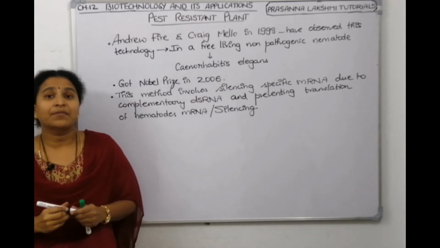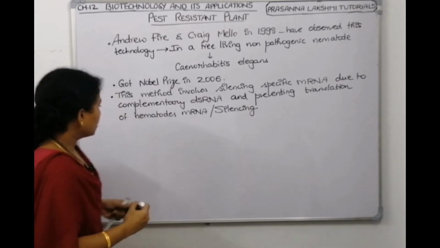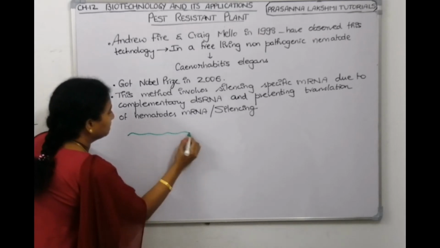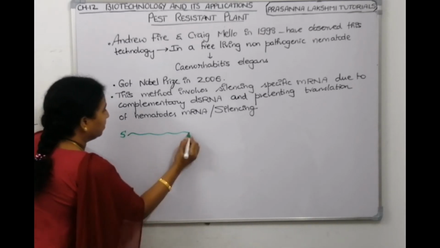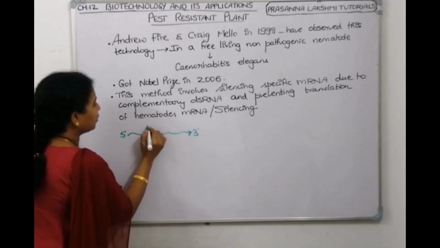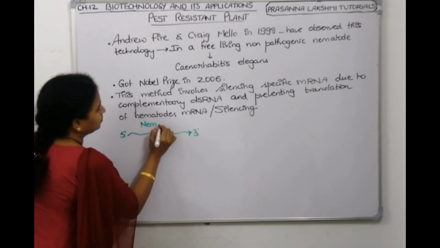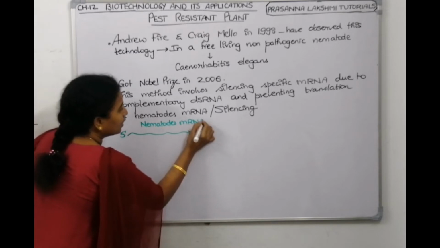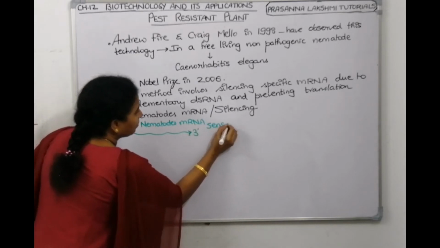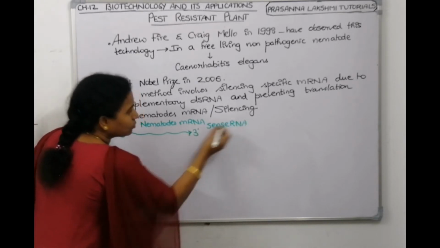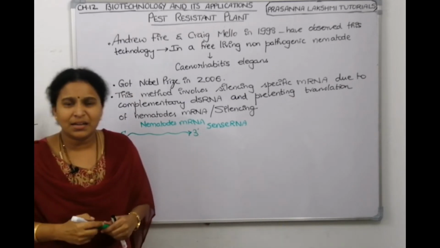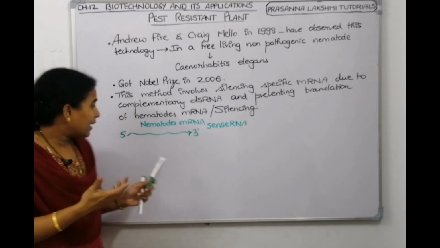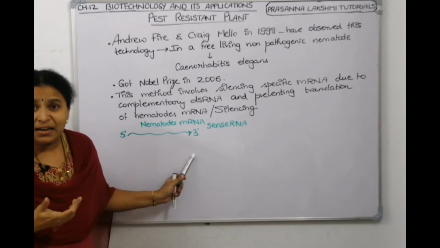Understood, children? Now, this is the nematode's RNA. We are calling it sense RNA. Now, the question which should come to our mind is, from where do you get the complementary RNA?